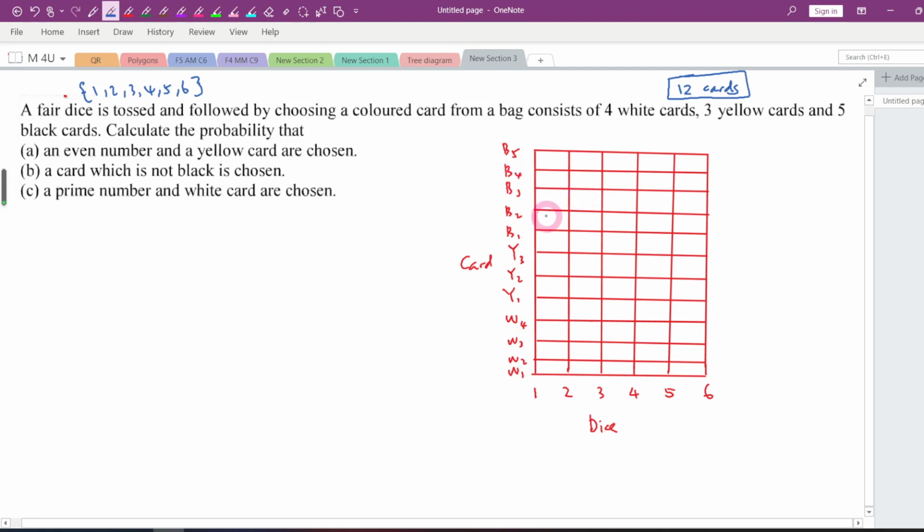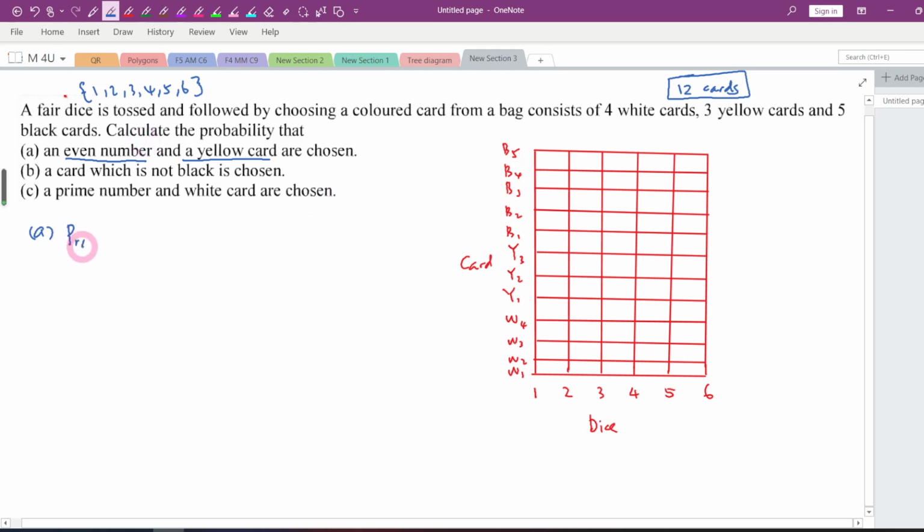But in the exam, I will not encourage you to draw this because it takes time. So it's very important you know the meaning of all the terms that you have learned before, for example, even number, odd number, prime number, consonant, vowel, multiples, factor, and so on.